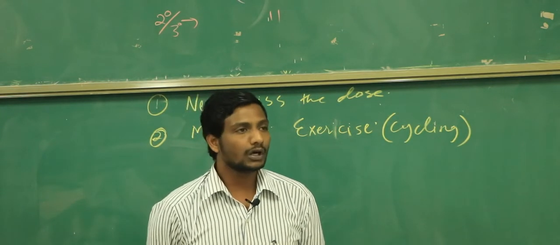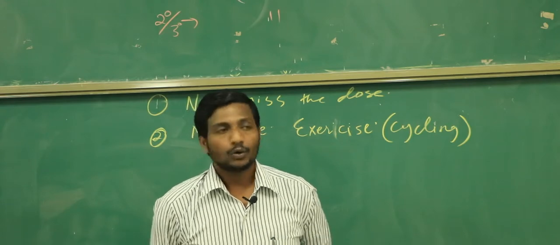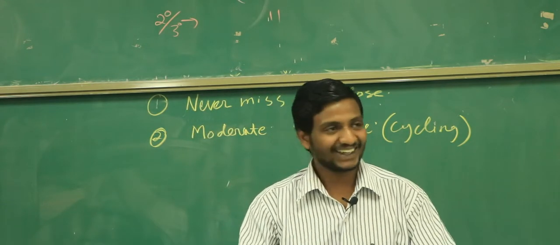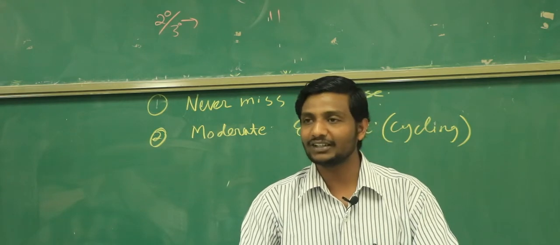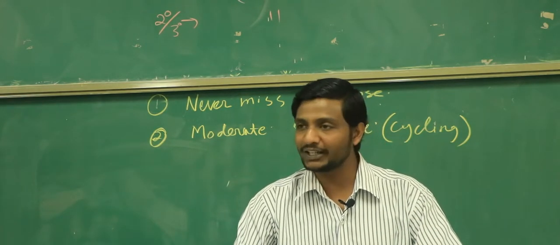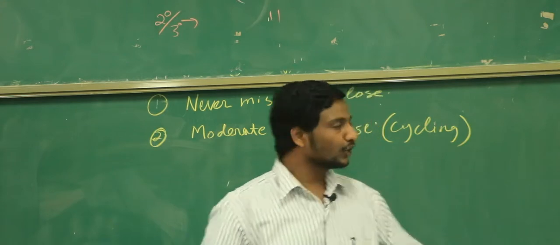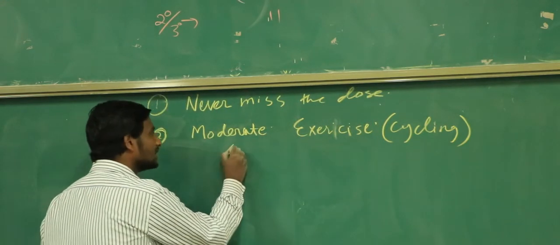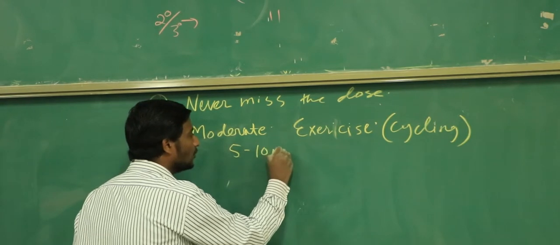What should be your advice to him? Remember, whenever a person is going for moderate exercise, for sure don't say, okay, don't do cycling. That's not a good thing. These patients have the freedom to do anything they want, right? But whenever they go for moderate exercise, they must increase their dose of glucocorticoid by at least how much?